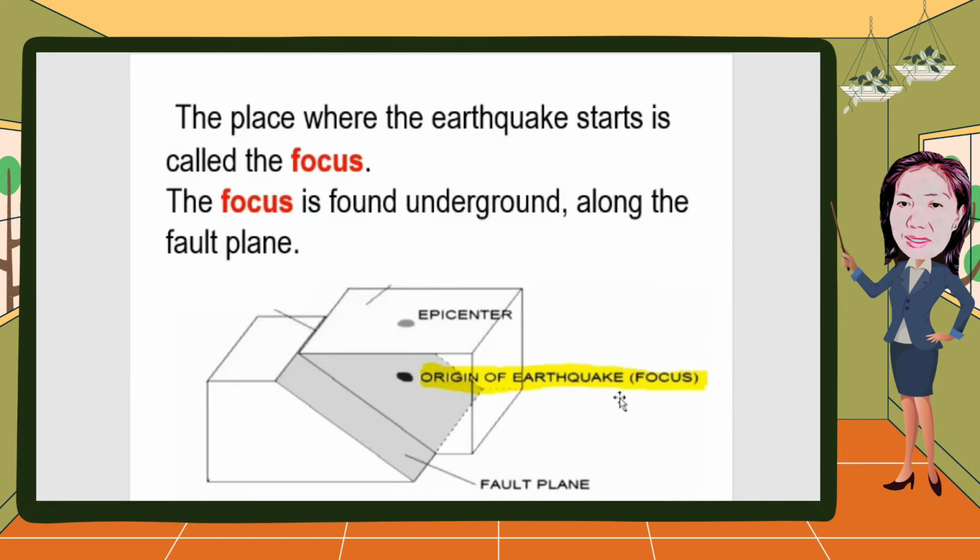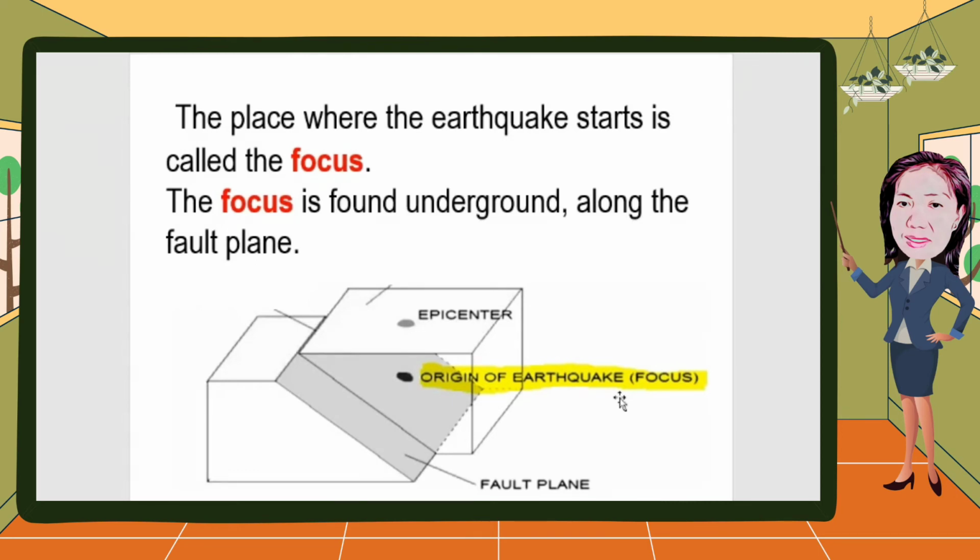So where can we find this point or region or part? This is located underground. Okay, nasa ilalim yan siya ng Earth's crust. We cannot see that.